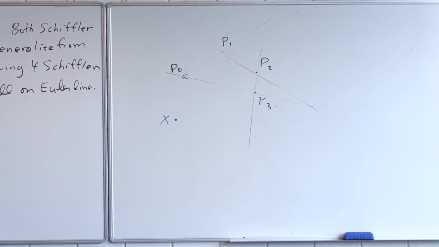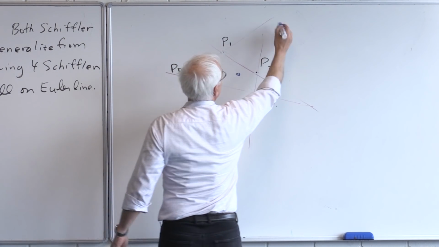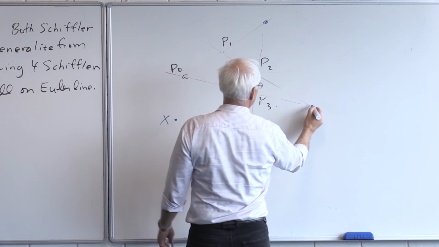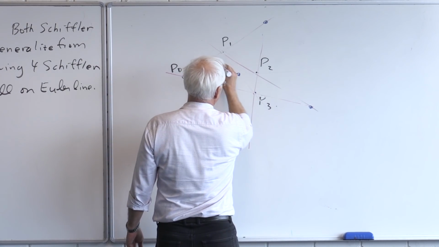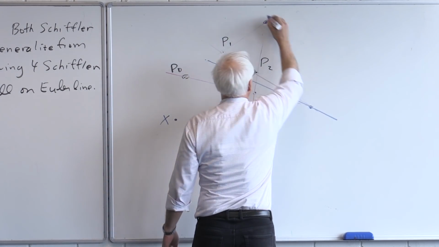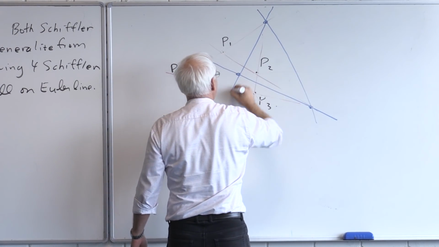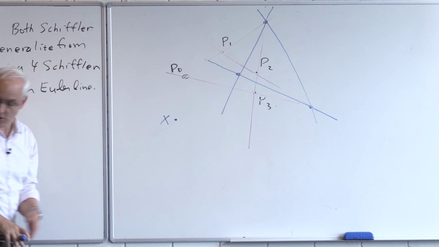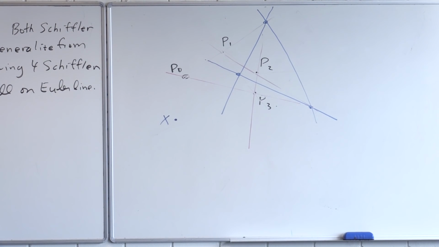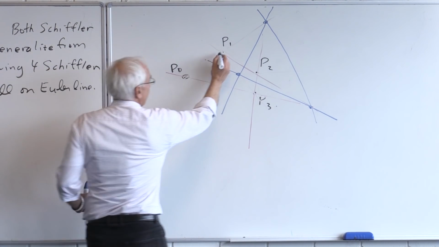It's not very good, but let's see if we can find the diagonal triangle. So there's one diagonal point there. There's going to be another diagonal point up there, and another one there. And let me just try to draw it by hand. Forgive me if I'm not very accurate. Okay, so there's the diagonal triangle of the original 4 points, P0, P1, P2, and P3.